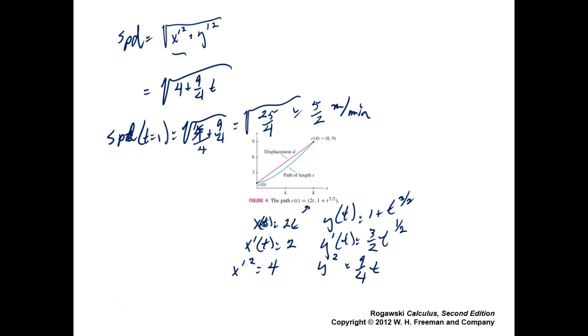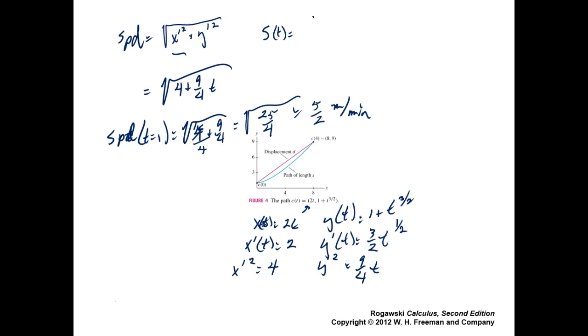The B part, the distance traveled S, that's the arc length passed over, and the displacement D during the interval 0 to 4. Not 0 to 1, but 0 to 4. So, yeah. Let's do the arc length first. We've already got most of the pieces we need for this.